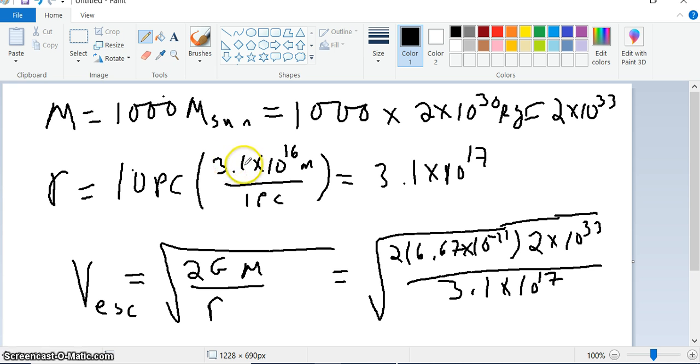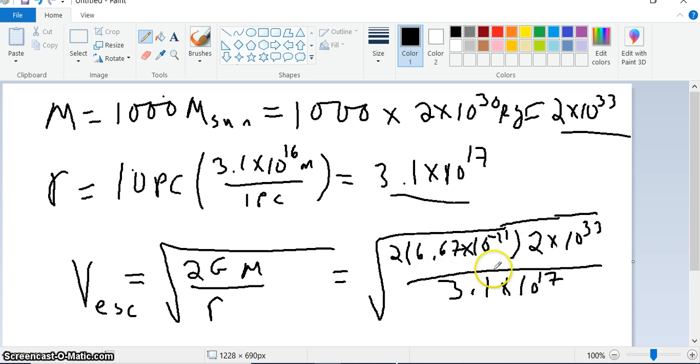So then you just multiply 10 times, in 1 parsec there is approximately 3.1 times 10 to the 16th meters, so that becomes 3.1 times 10 to the 17th meters.